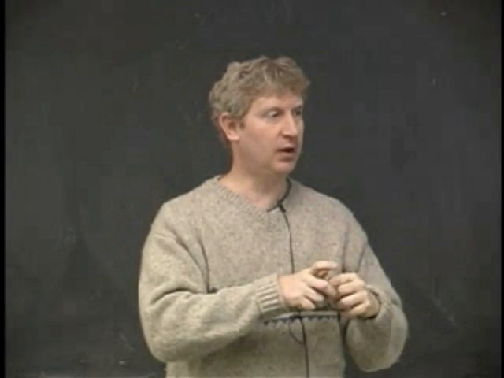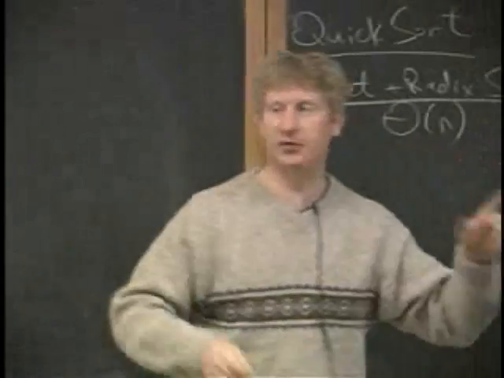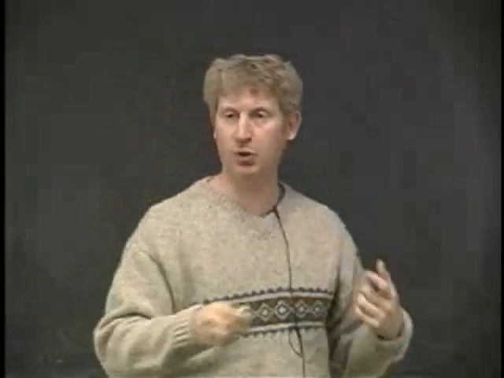So it does recursion first, and then it does gluing. Quicksort does the same kind of splitting, but first it does the work, and then it does the recursion. So here's what Quicksort does.